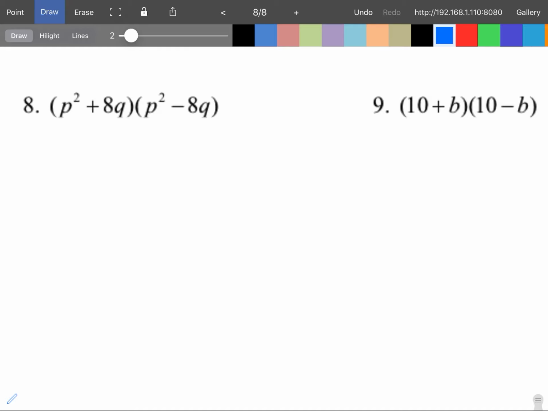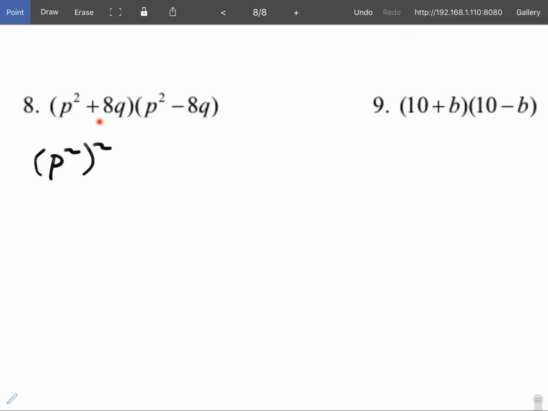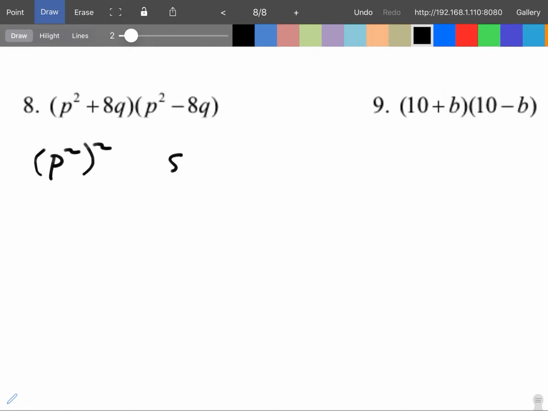So are those identical binomials in number 8, but one has a plus in the middle and the other one has a minus? Yeah. All right, so then all you got to do is square the first term, so p squared squared. And then you square that second term, this positive 8q right here, so that's 8q squared.